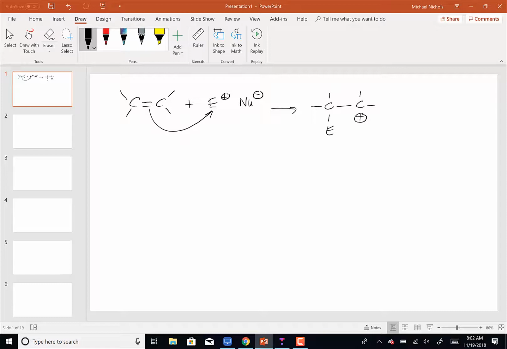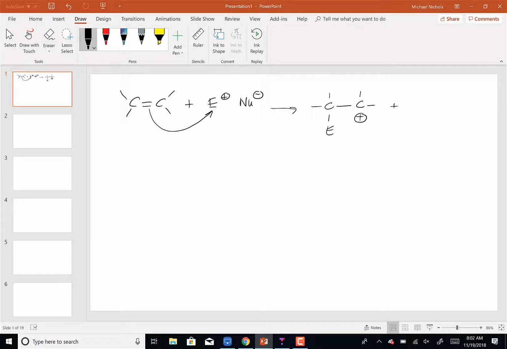Remember, if you add a neutral plus a plus-one species, you need to make a plus-one species. If the left carbon takes the pair of electrons to bond to the electrophile, the other carbon lost it, and so it now has a positive charge.